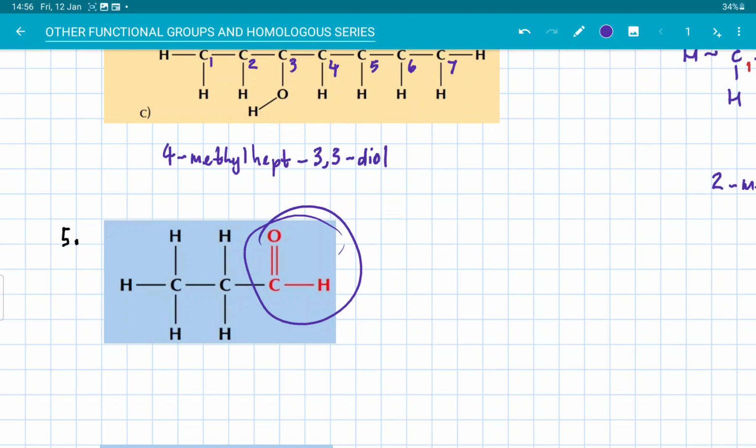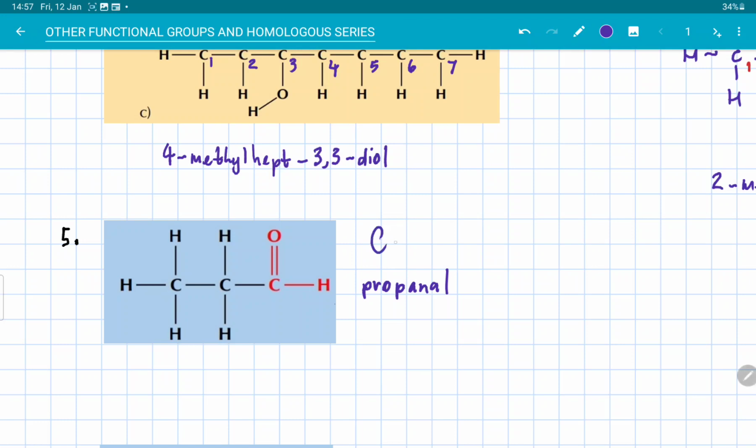So because of that, methanal, ethanal, propanal, butanal, pentanal, hexanal, all of them. Here is such an example, propanal. Because the position is always carbon 1, all aldehydes have the functional group at carbon 1.